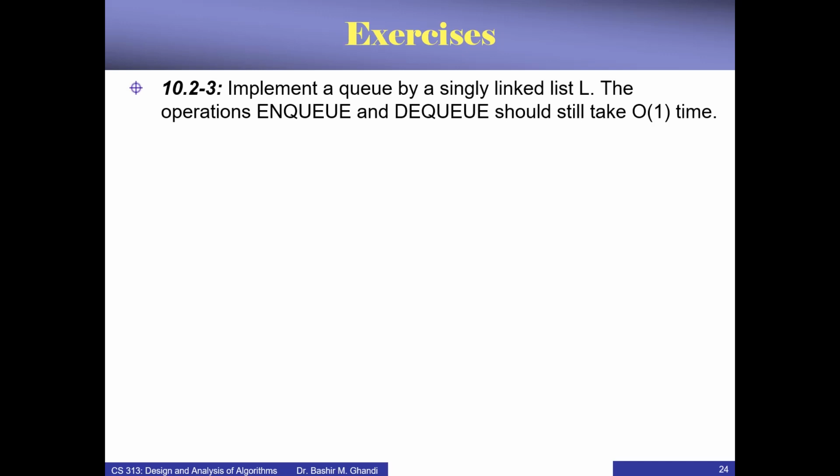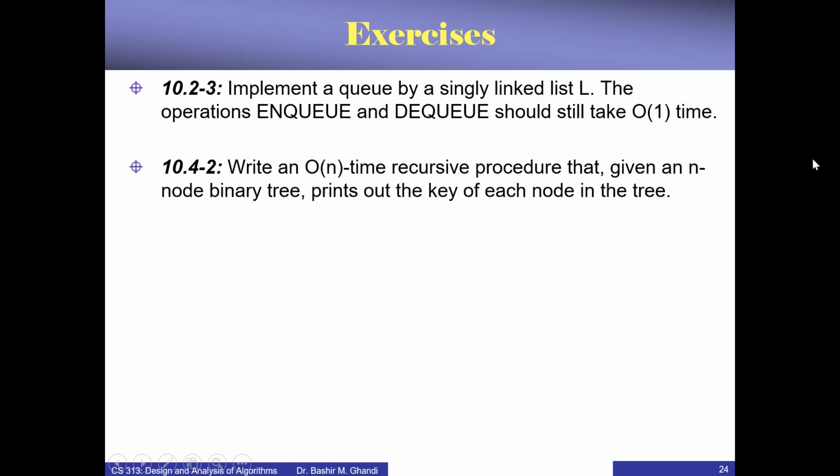Next one says implement a queue by a linked list L. So this time it's a doubly linked list, the one we just saw. Implement a queue using that. Again, the operations enqueue and dequeue should still be big O of 1.